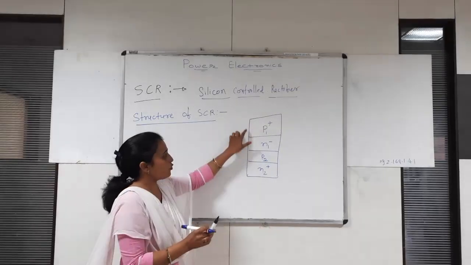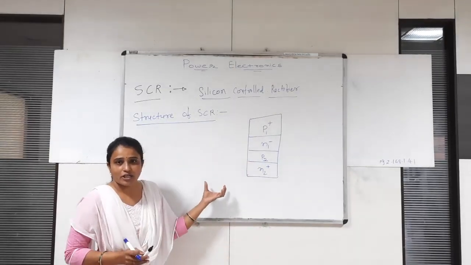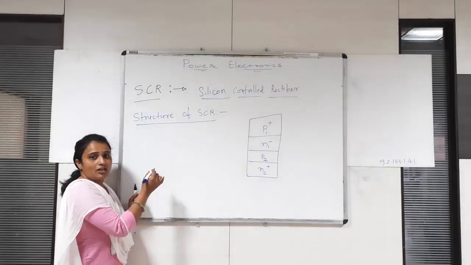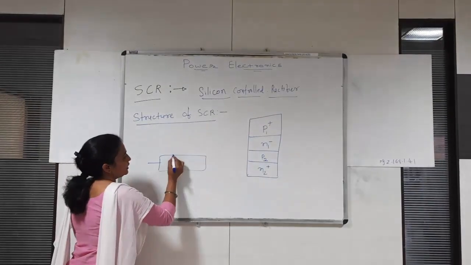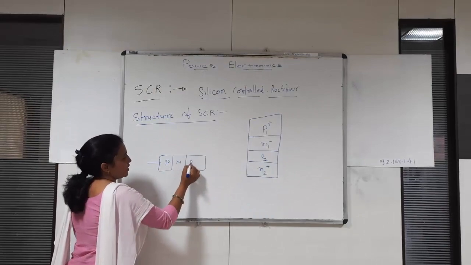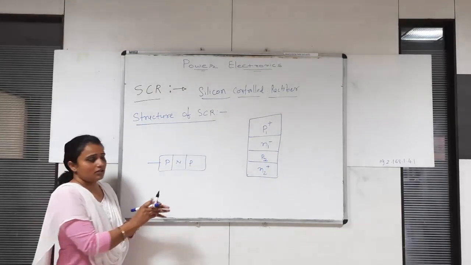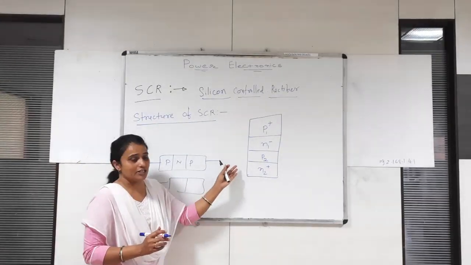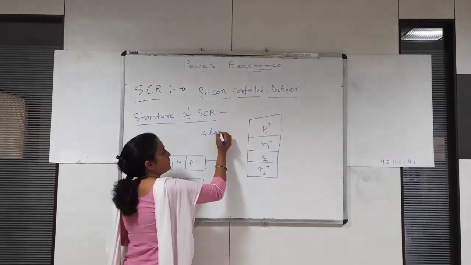So this is a 4-layer device. As we know, a PN diode is only a 2-layer device. And suppose we draw a transistor, then it is a 3-layer device. So the basic difference is that the SCR is a multi-layer device, that means a 4-layer device.